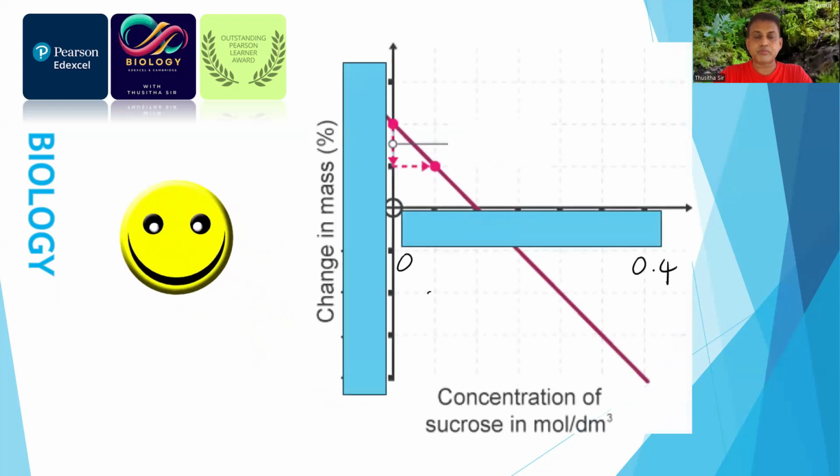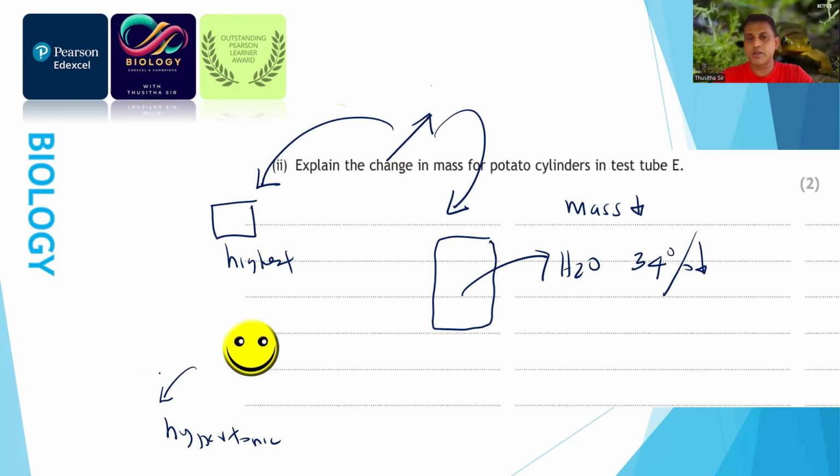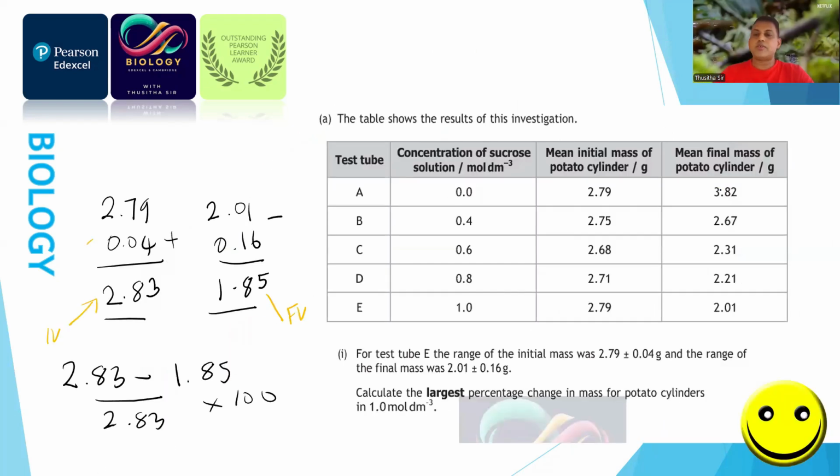So next, if you want to calculate, we go back to the table. Okay, if you go back to this table, now here mass increase, 2.79, 3.82, mass increase, because the solution is hypotonic and water is coming into the cell.